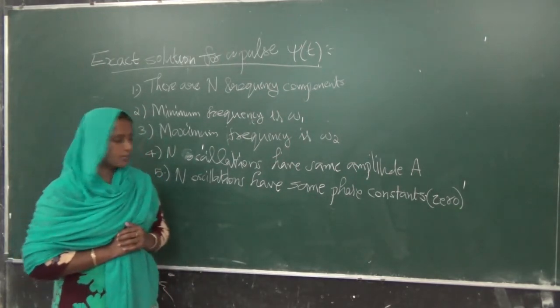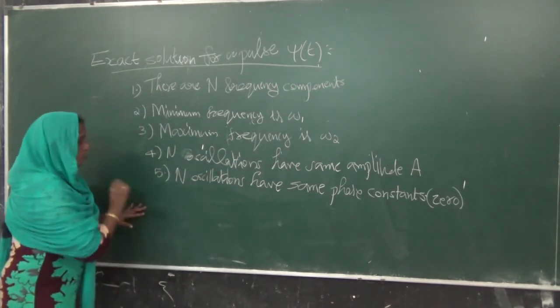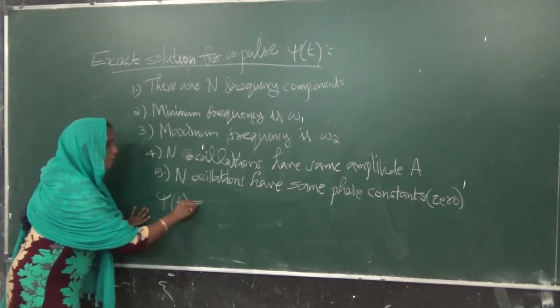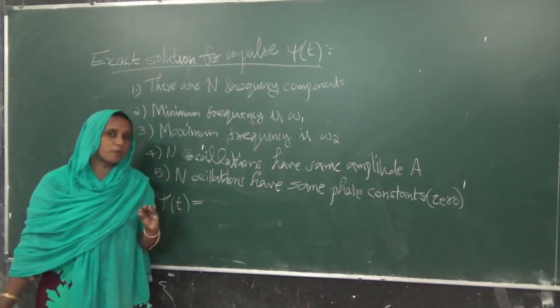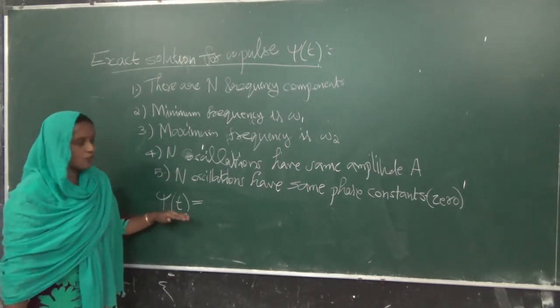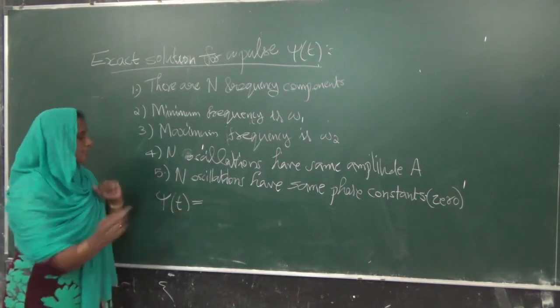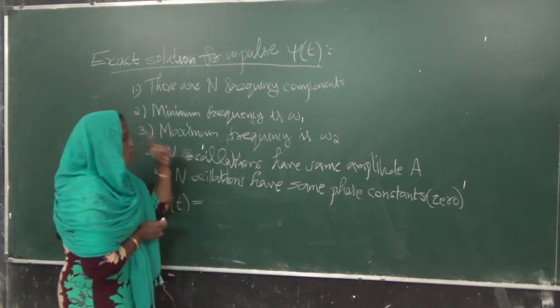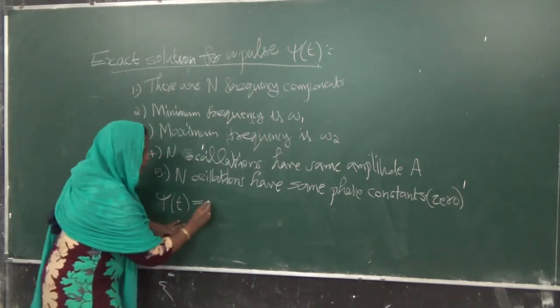So we can write the expression. Psi of t represents the superimposed wave or wave packet or wave pulse. This is equal to: the minimum frequency is omega 1, so one oscillation has frequency omega 1.